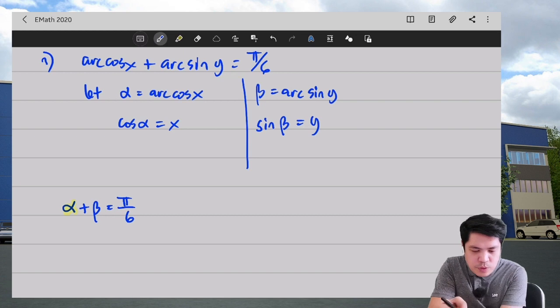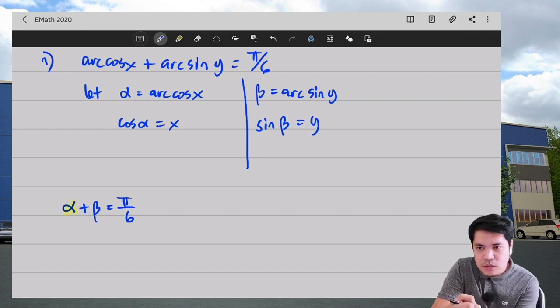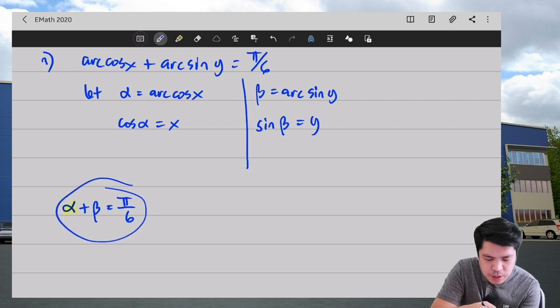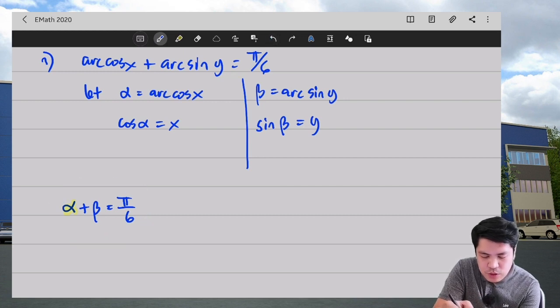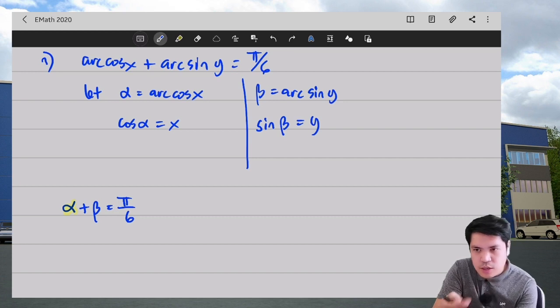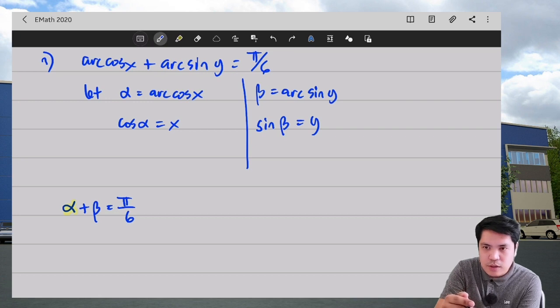Now, pwede tayong gumamit ng any trigonometric function na i-apply natin in this expression, in that equation. Pwede tayong gumamit ng cosine, pwede tayong sine, and pwede tangent. So for convenience, let's just use sine. You can also try this problem using cosine or even tangent.